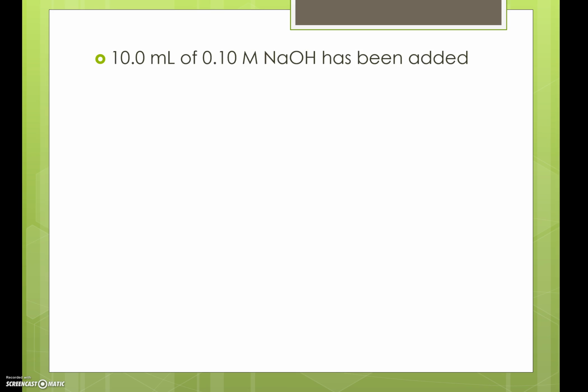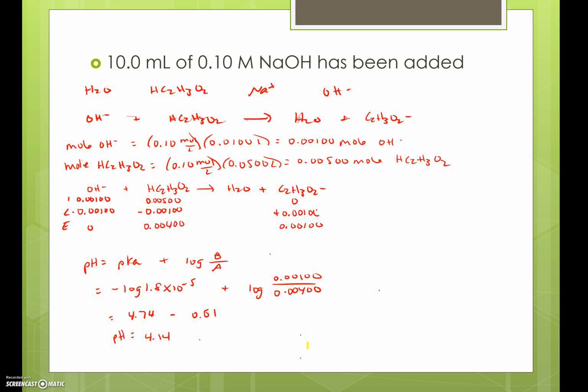Now we're going to start to add some base. And that strong base is going to react to completion with the weak acid in the solution. And then what's remaining after that reaction has been completed will determine the next step in calculating the pH of the solution. So here, because we're mixing two solutions together, we're going to need to know the moles of everything in our solution.